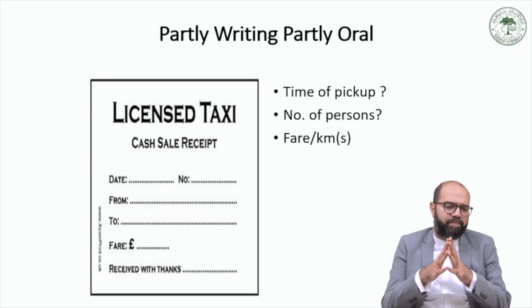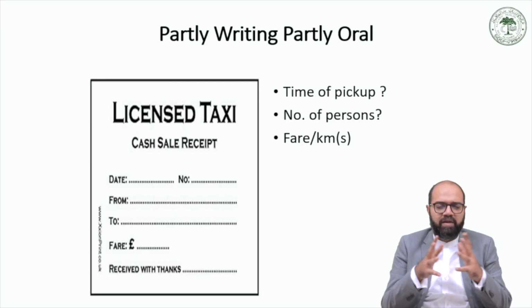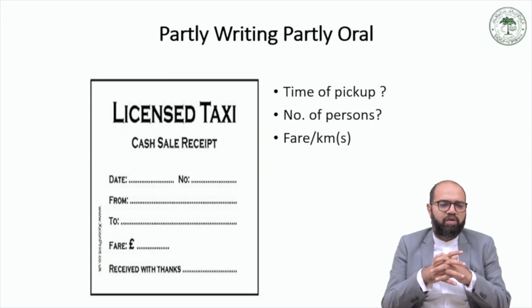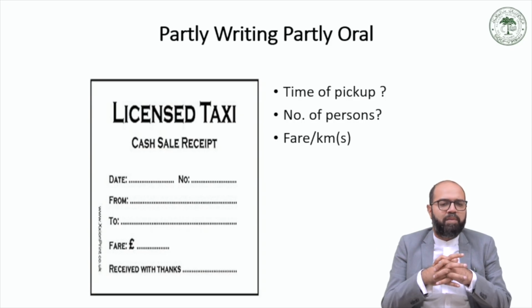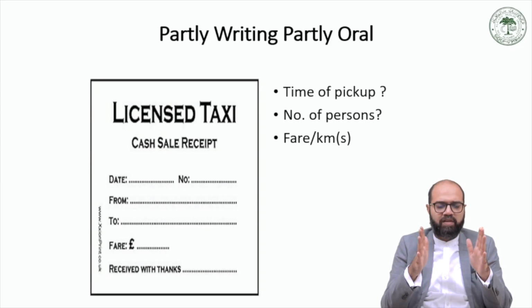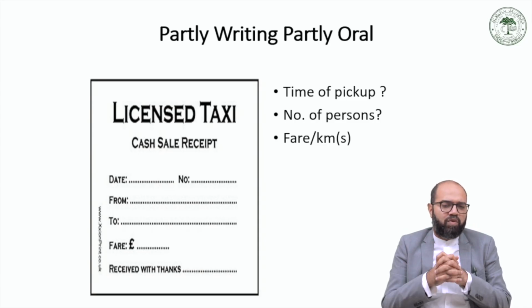Now, if we transpose this example to a sale of goods, for example, if you go and buy a book, obviously the book has a title, an author, and an ISBN number. So there are certain things which are written into the book.